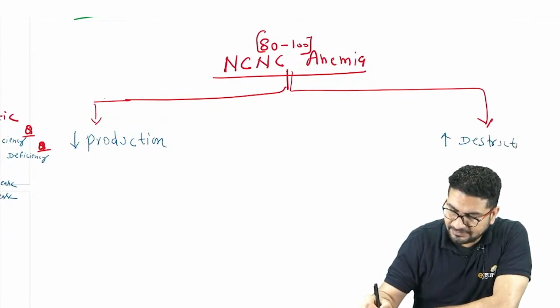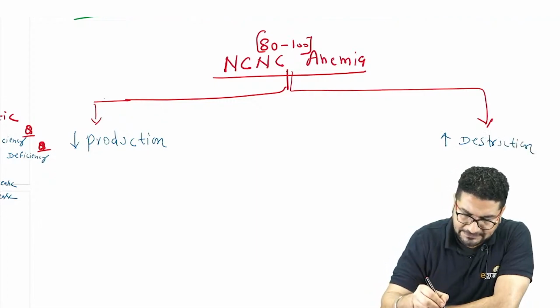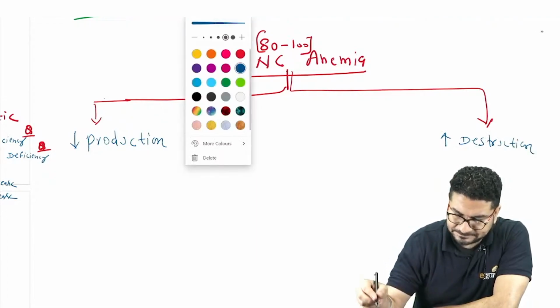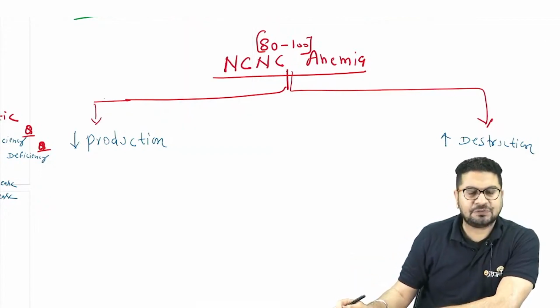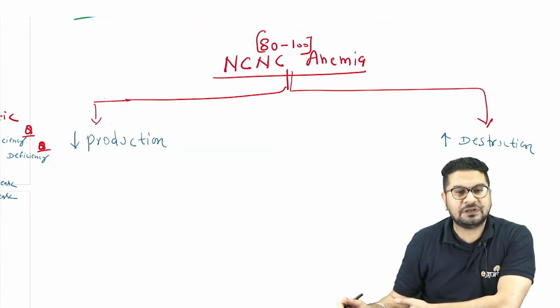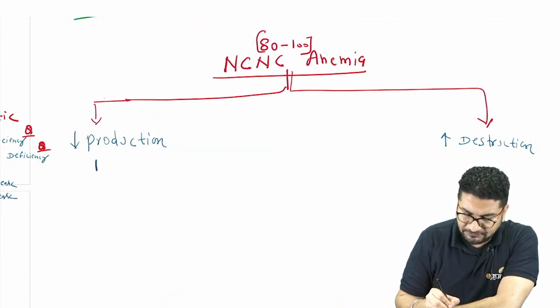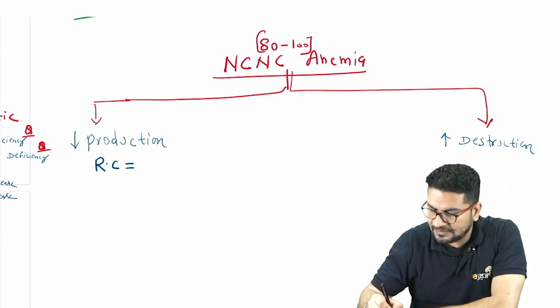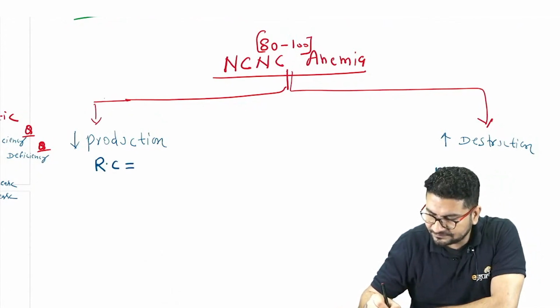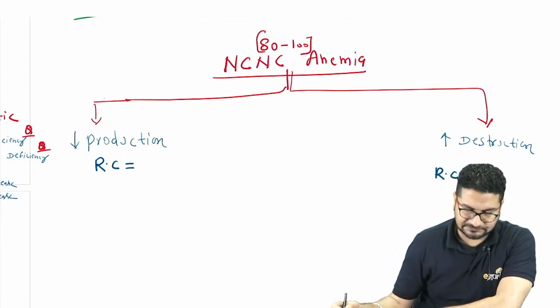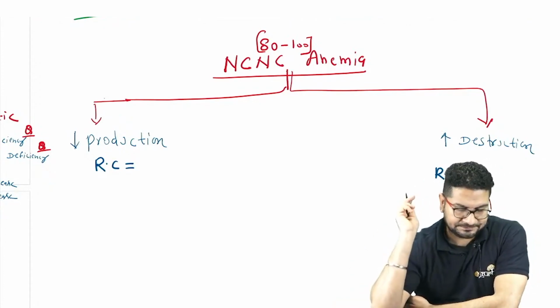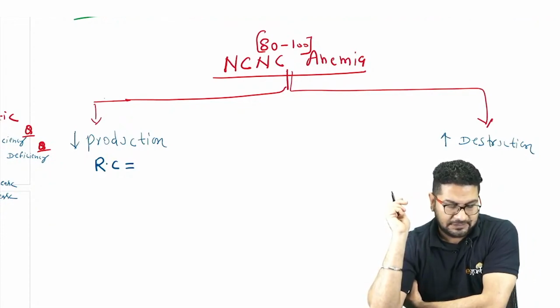Now you will be telling me the answer, guys. If I say anemia due to decreased production, what about the reticulocyte count? Will it be normal, increased or decreased?